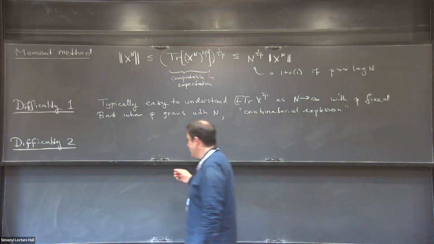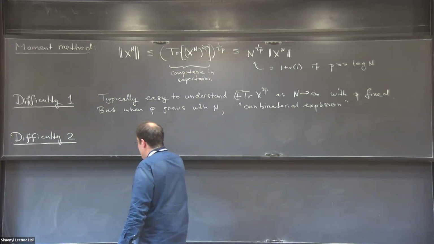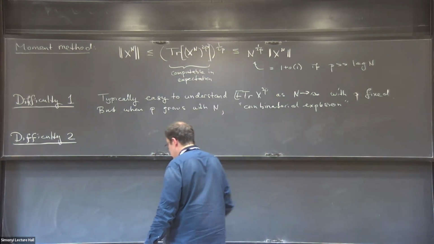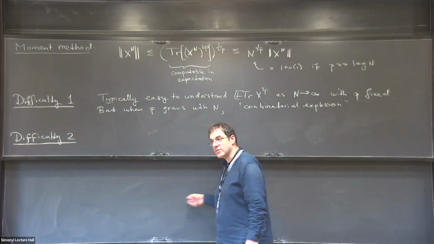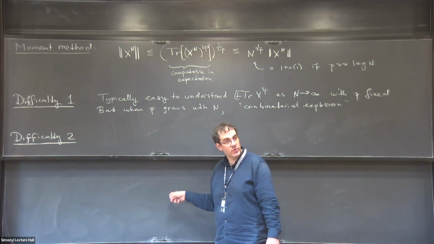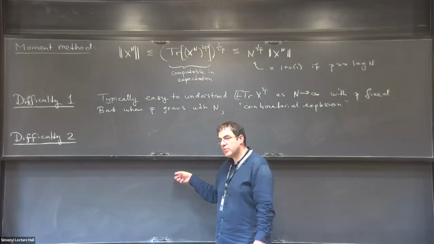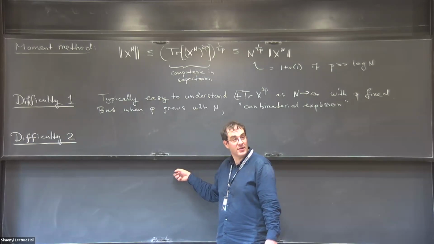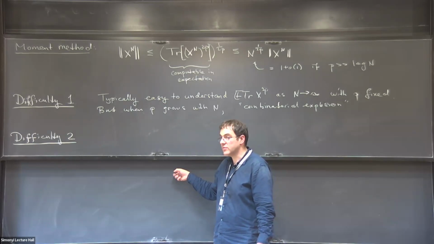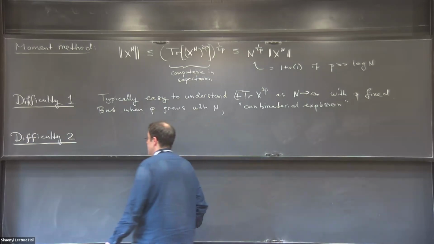So what is the reason that it's impossible? Well, remember that I drew this picture where I had outliers. There were some outliers in the spectrum. And these outliers happened with probability which was polynomial in n, right? 1 over n to the power c for some constant c.